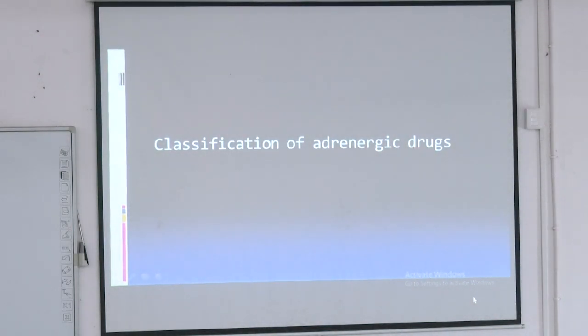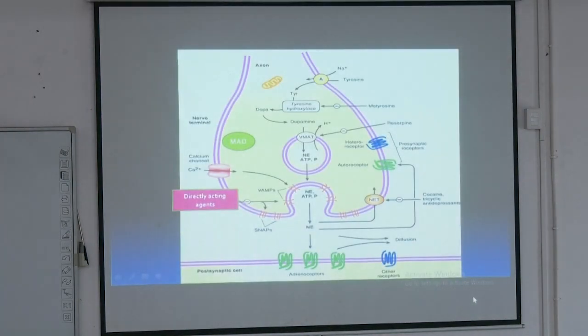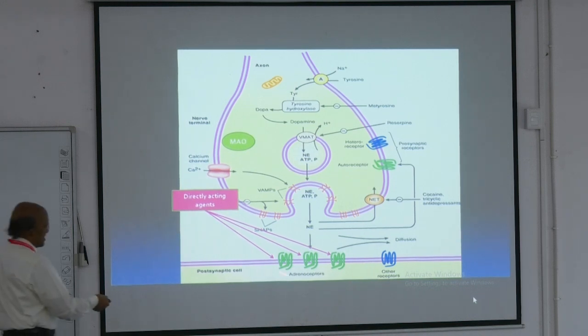Now coming to the classification of adrenergic drugs. You can see here there are 3 types of drugs: directly acting, indirectly acting, and mixed acting. The directly acting drugs directly stimulate the receptor.